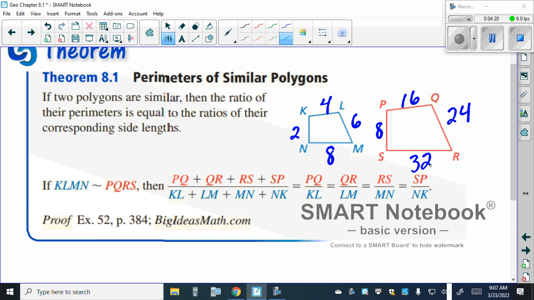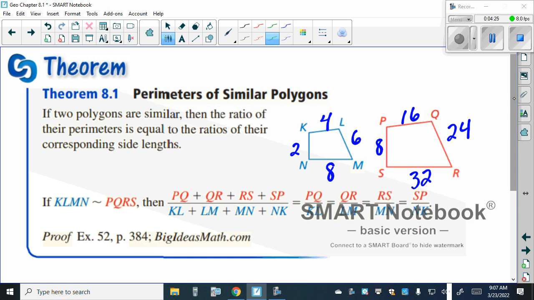And if we looked at the scale factor for this here, because we could say any of these, if we're going from here to here, we can say 2 over 8, which is 1/4, which is the same as 4 over 16, which is the same as 6 over 24, which is the same as 8 over 32.